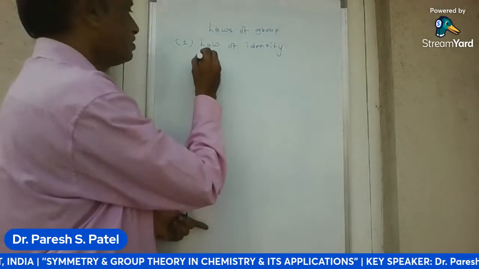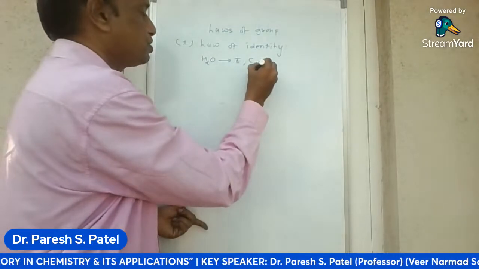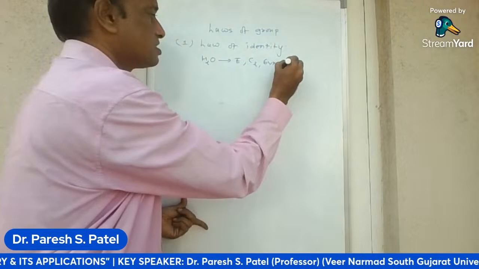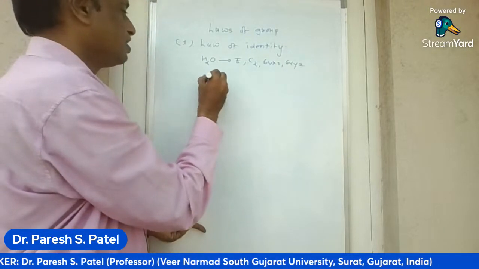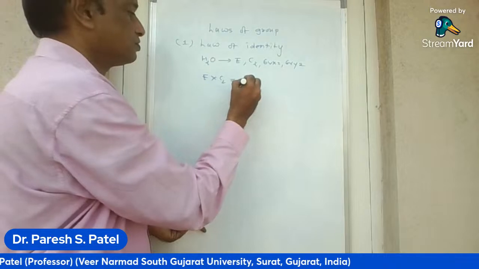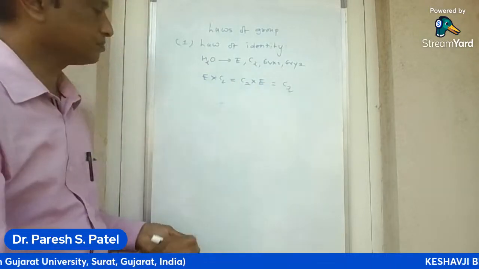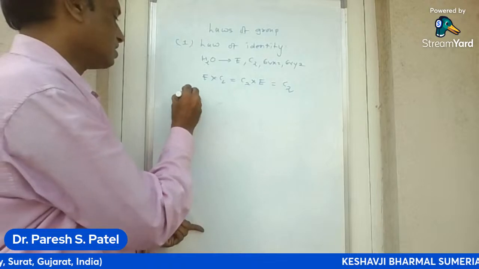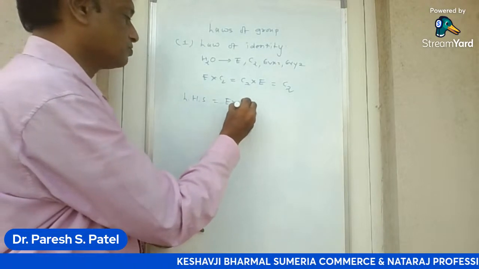As an example, the water molecule consists of E, C2, sigma Vxz, sigma Vyz symmetry elements. So E into C2 is equal to C2 into E. The answer will be C2. So the left hand side is E into C2.